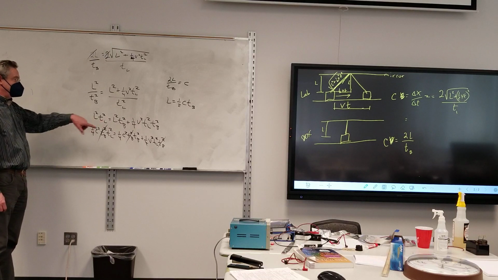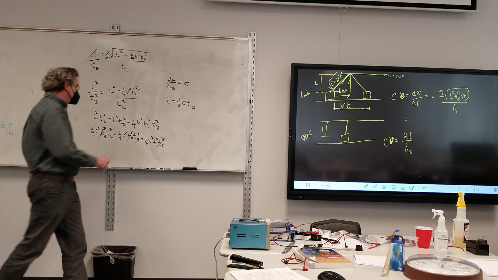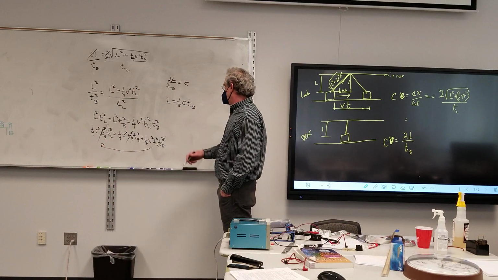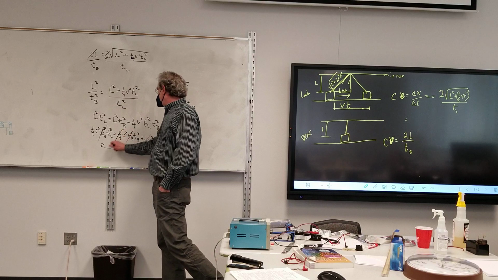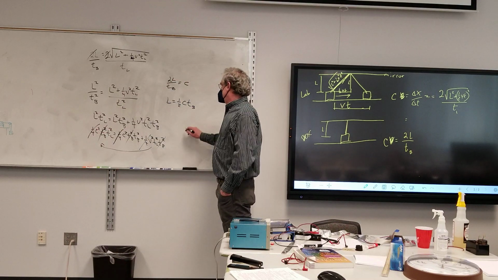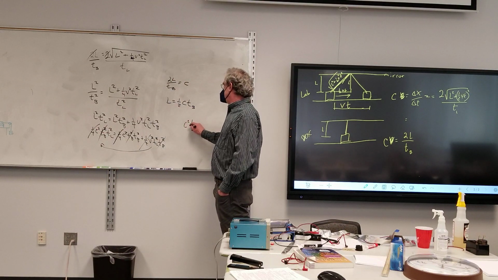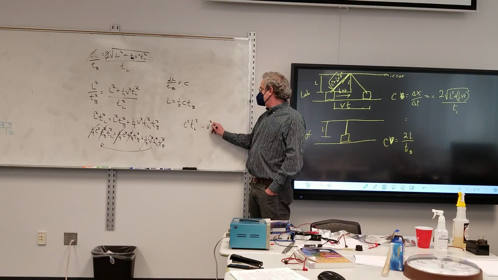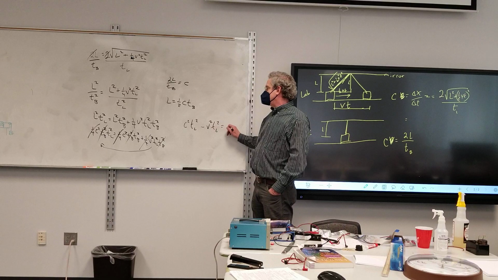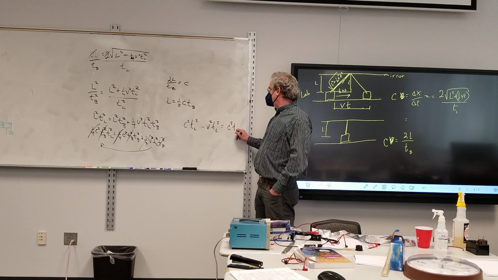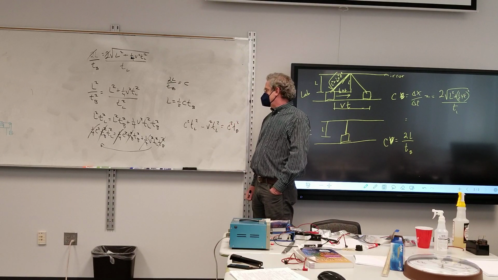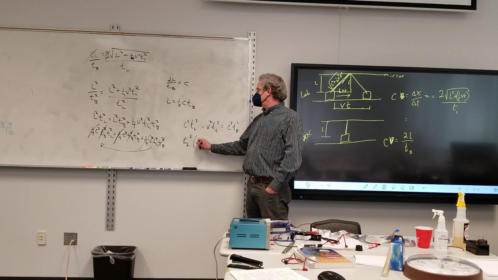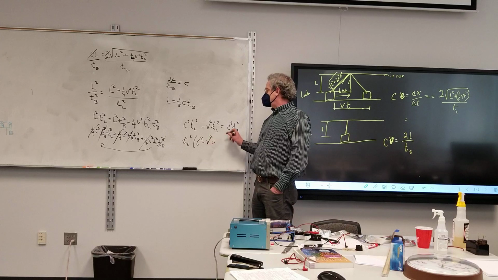And now I'm going to get the TLs on one side because I want TL all by itself. I'm going to bring this over. Oh, I've got 1/4 everywhere too, so let's get rid of the 1/4. So I have C squared TL squared minus V squared TL squared is equal to C squared TB squared. Factor the TL out. TL squared times C squared minus V squared is equal to this.